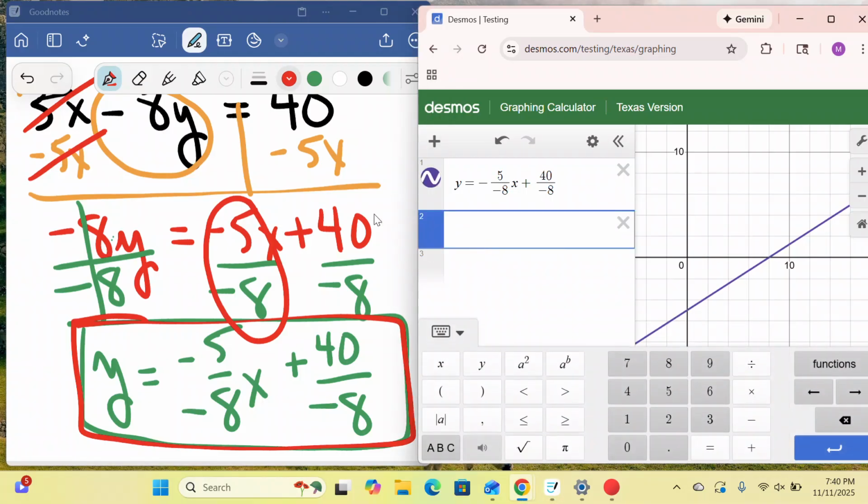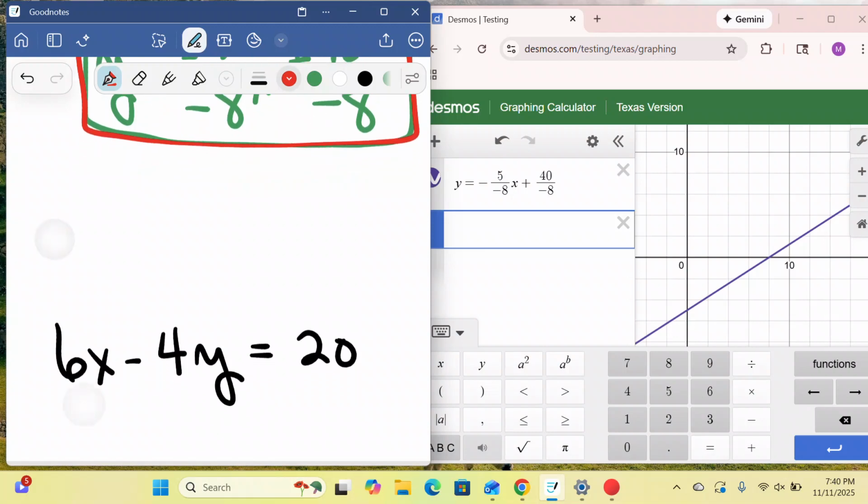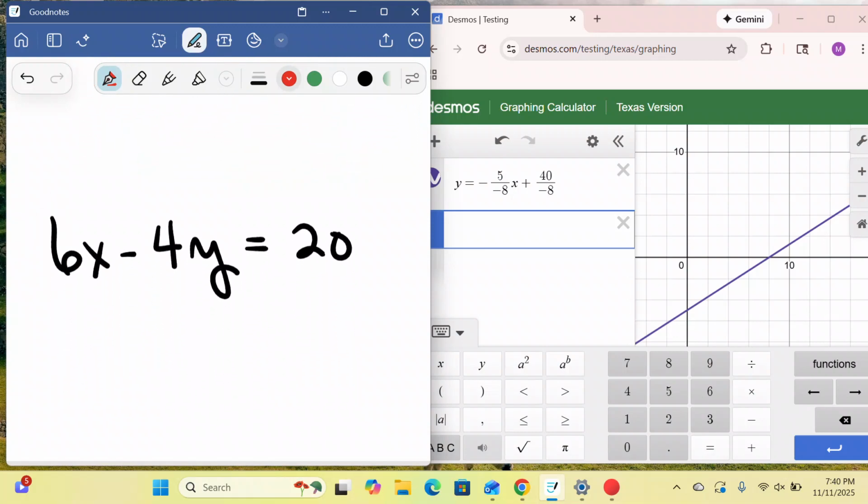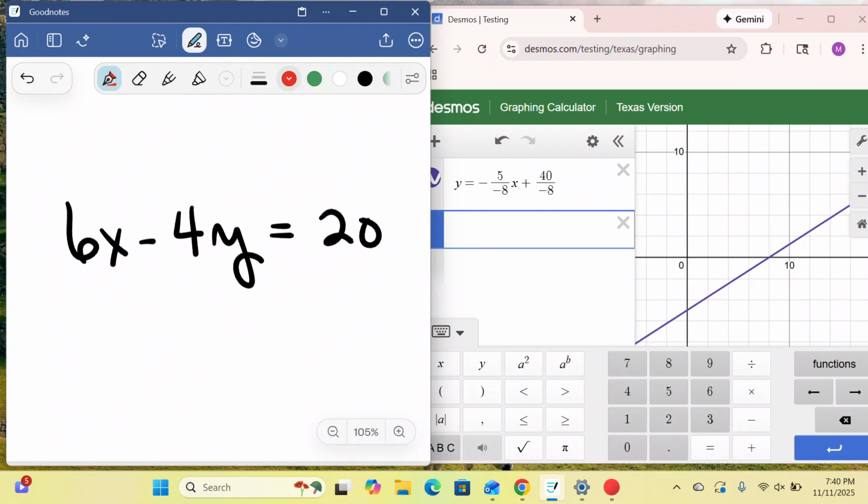So I'm going to make space for number 2. I have another implicit equation: 6x minus 4y equals 20. I'm going to take you step by step on how to solve it. I'm going to circle the 4y. I'm going to draw my railroad tracks, and I want to get negative 4y by itself. So this is a positive 6x.